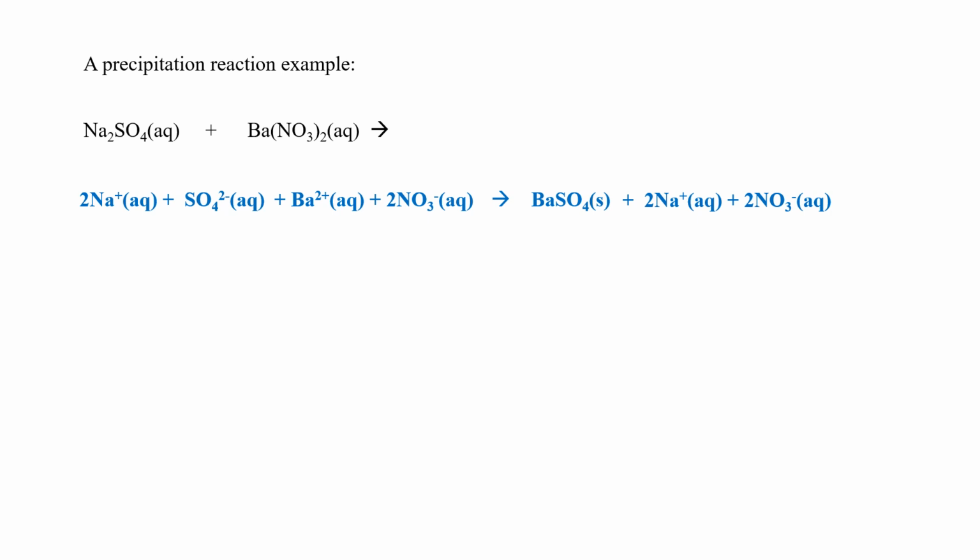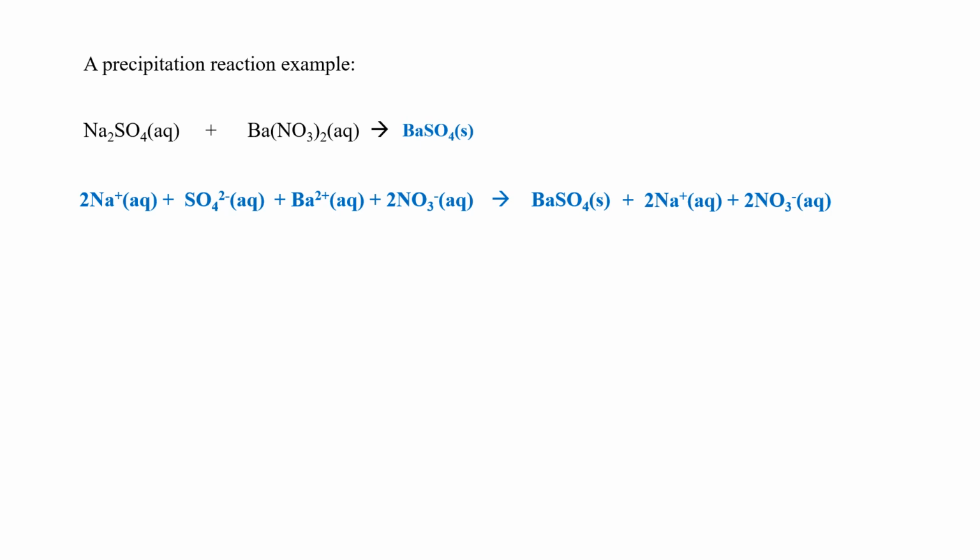Now we do the same thing on the other side of the equation. Now that we know the product, barium sulfate, is not aqueous but solid, we write it the same way in our molecular equation, barium sulfate solid.